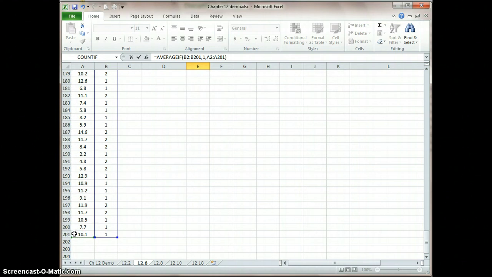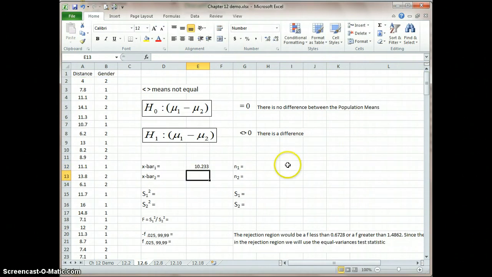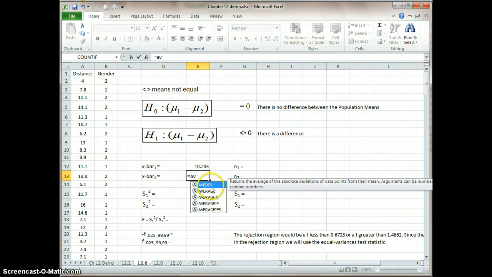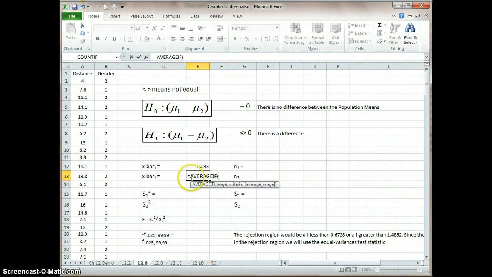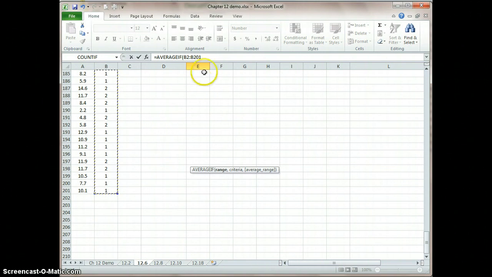And when we do that, we get an average of 10.233. And now we want to do the same thing for female, so AVERAGEIF, and again the range is B2 to B201.